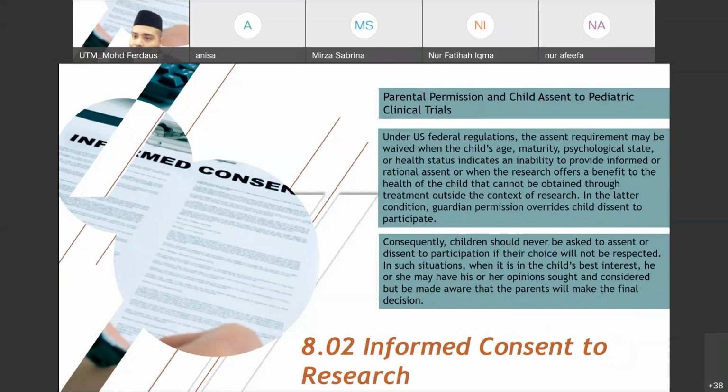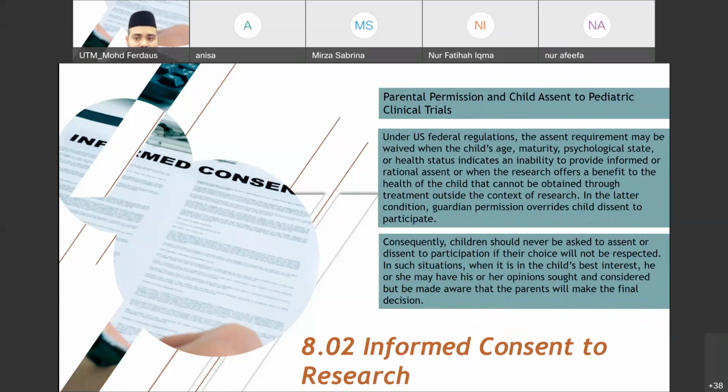So what happens with children? Parental permission and child assent in pediatric clinical trials. Since we are not clear yet what is happening on these issues in Malaysia, we can refer to what is put forward in the United States.